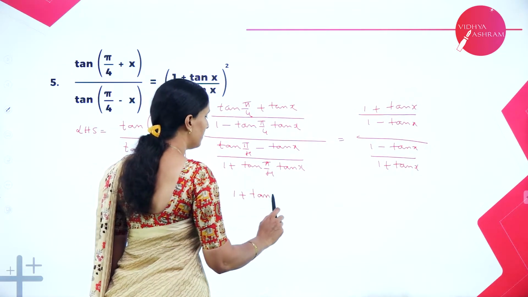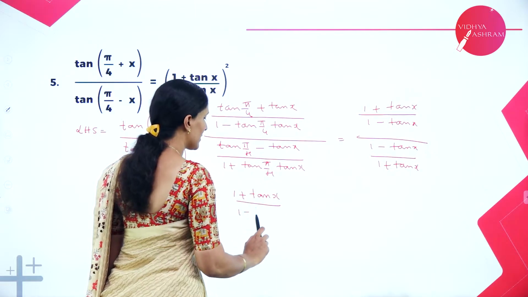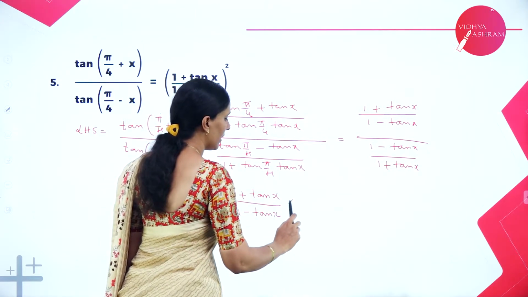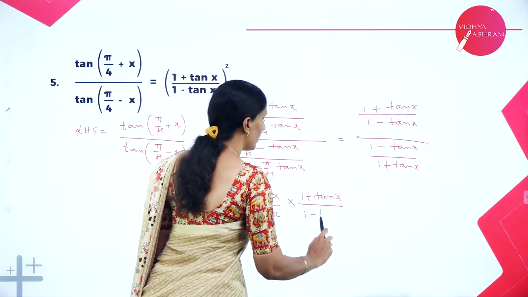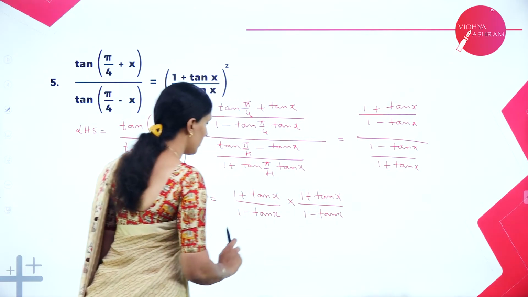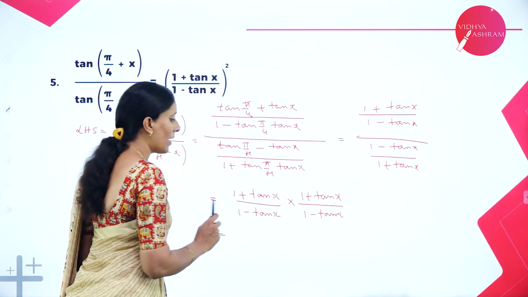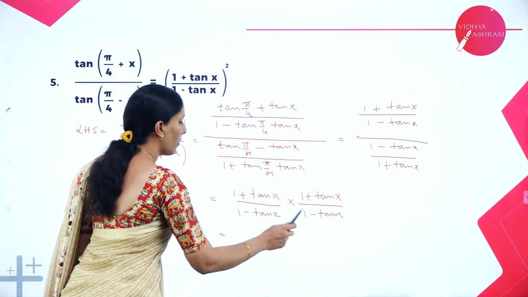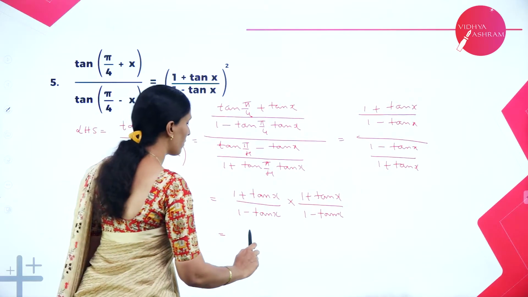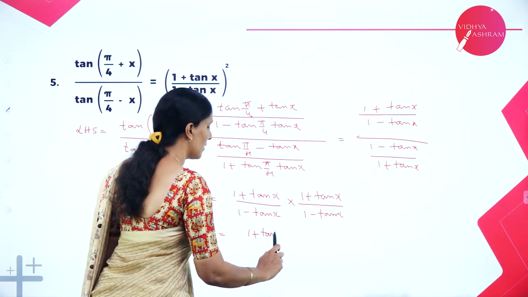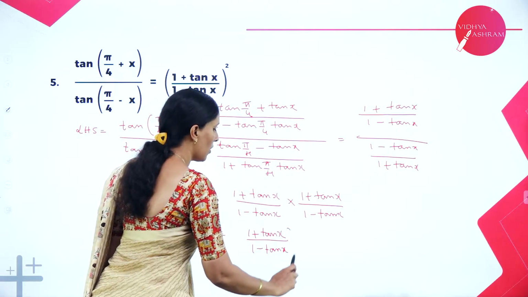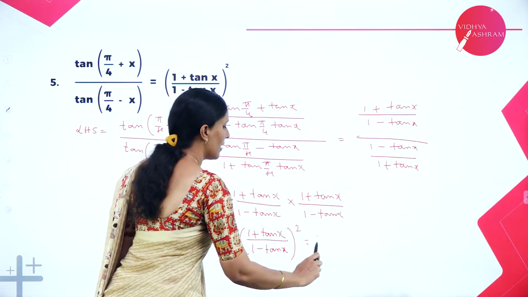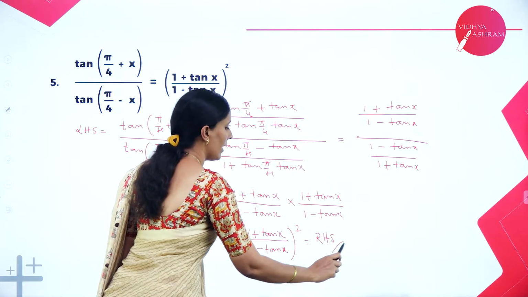So we will get 1 plus tan x, 1 minus tan x into 1 plus tan x divided by 1 minus tan x. So thus numerator is 1 plus tan x whole square, denominator is 1 minus tan x whole square. Thus we can write this as 1 plus tan x divided by 1 minus tan x whole square. So that is RHS. Hence we proved.